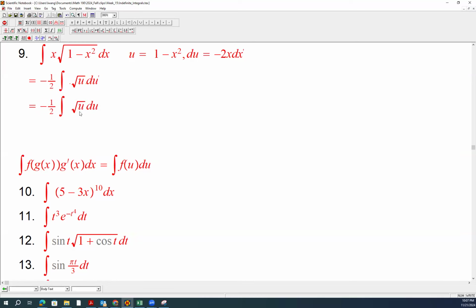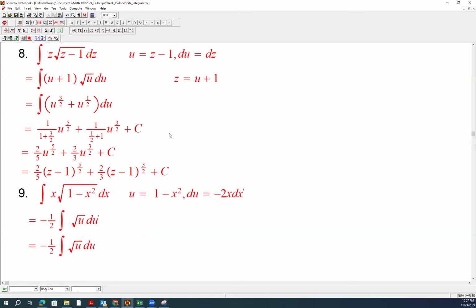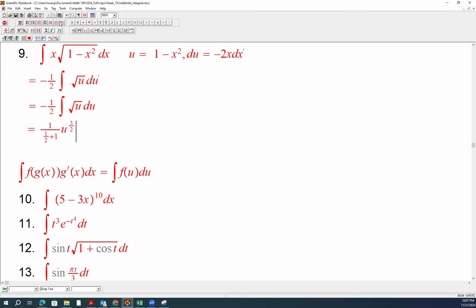And then we are almost there. The integration of root u, we've done it many times, right? So I'm just going to copy and paste this piece. I have a negative half in front of it. That was what we had before, right? And plus the constant.